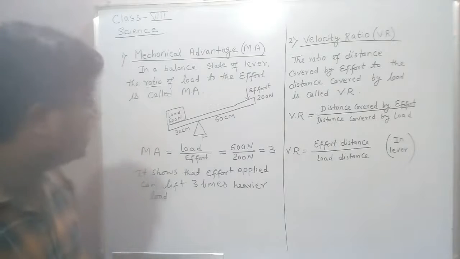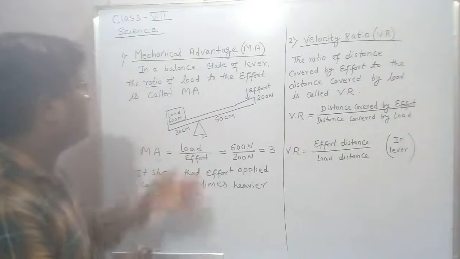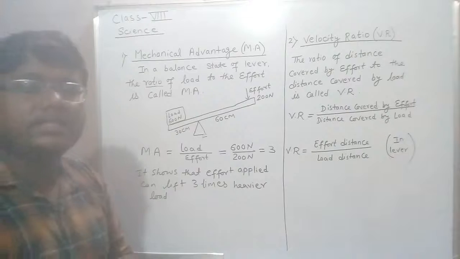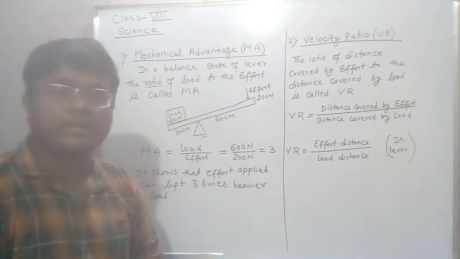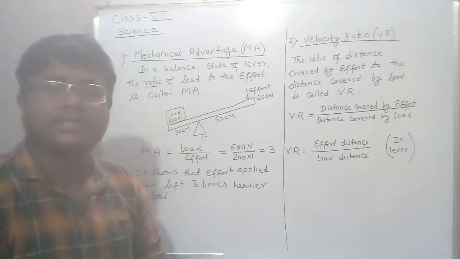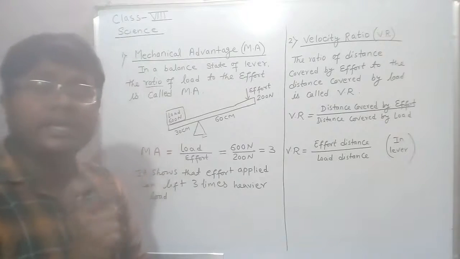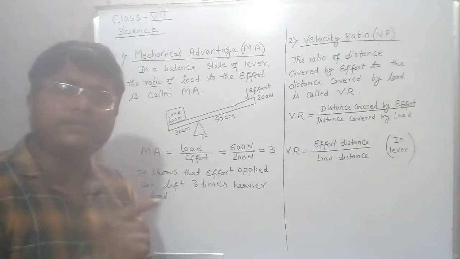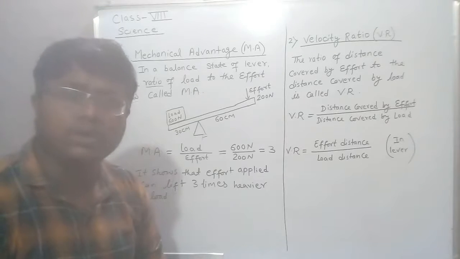I hope the meaning of mechanical advantage is clear. You need to remember that mechanical advantage is the ratio of load to the effort, and it tells us how many times an effort is multiplied while lifting a load.